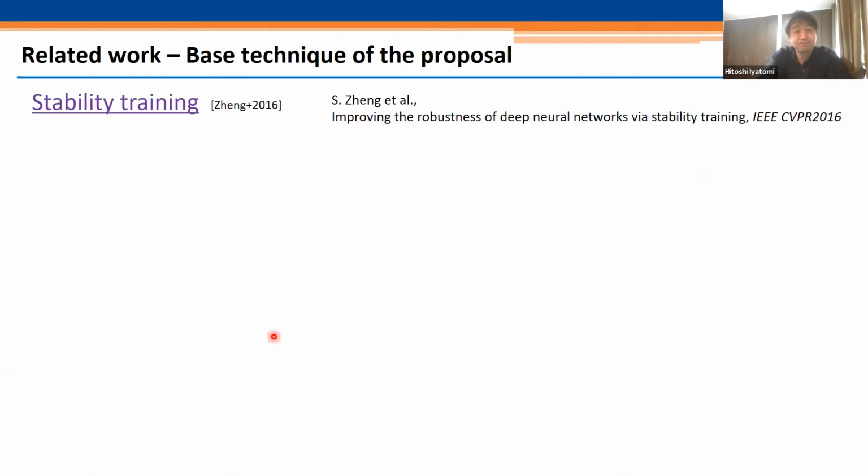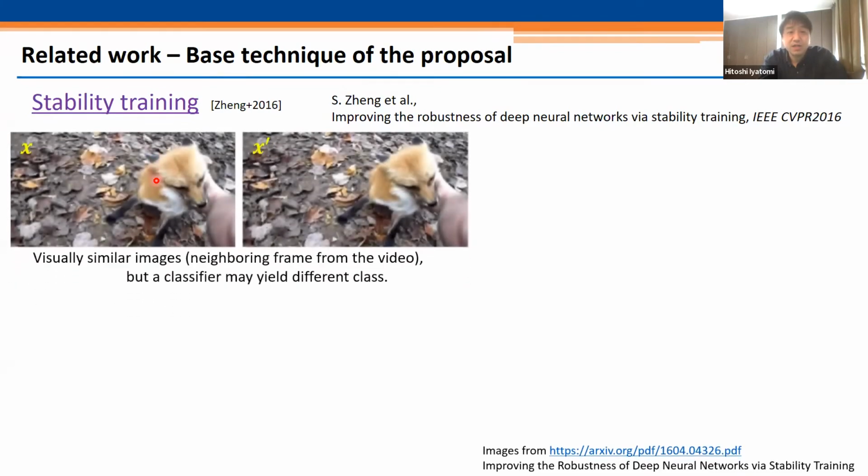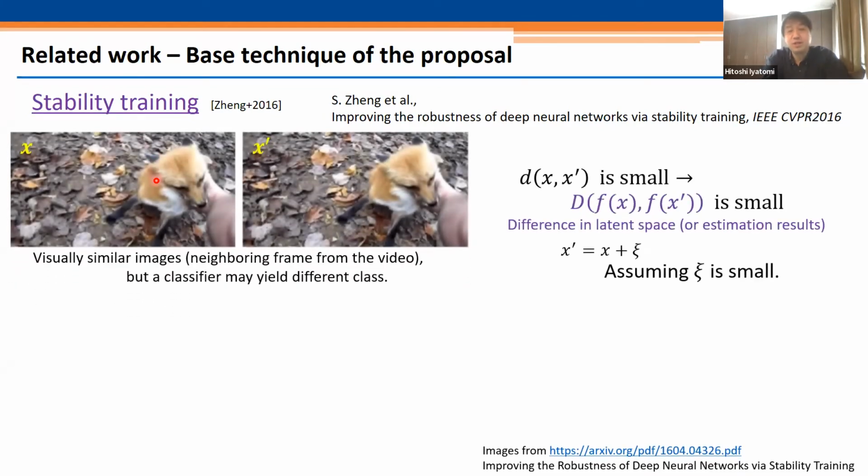Here is another important base technique for our proposal, stability training. The idea of stability training is that if the inputs of two images are similar, the latent representations of the model, f(x) and f(x'), should also be similar, so the difference of those two is small.